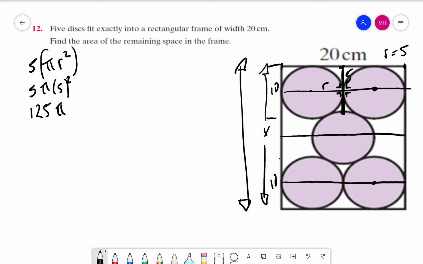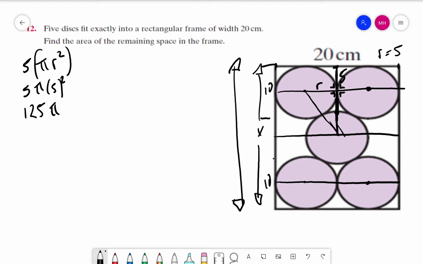Now, you might note that the centers of the circles, let's say I'm not drawing this with a ruler, but these are all meant to be collinear.